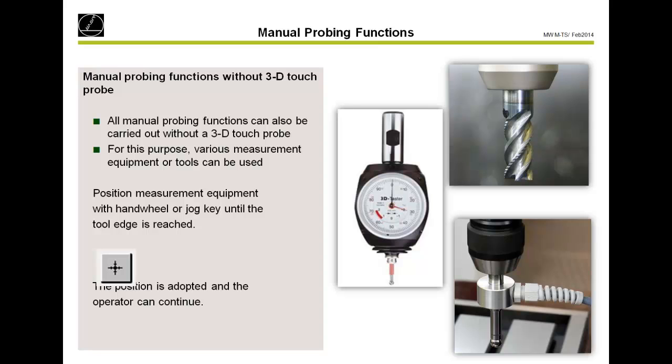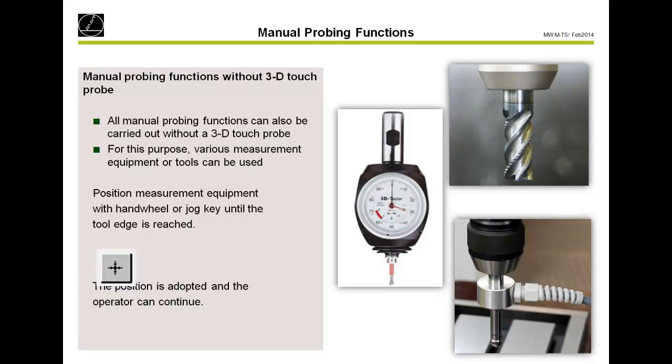Also, an opportunity if you do not have an electronic probing system, then you can also do all the manual probing functions with a mechanical touch probe or a tool, for example. So you just insert the tool near the workpiece, to the position where the tool will cut off some chips, and then you just press the position key, and then it is the same as you do with a probing system.